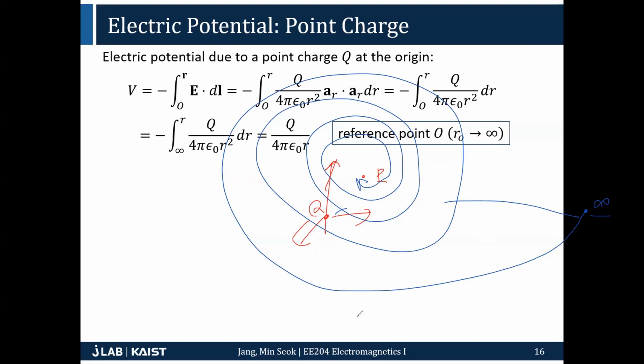You get the same answer. It just makes your calculation dirtier, but you get the same answer. So it's better to set the integration along the straight line. It makes your life a lot easier, right?